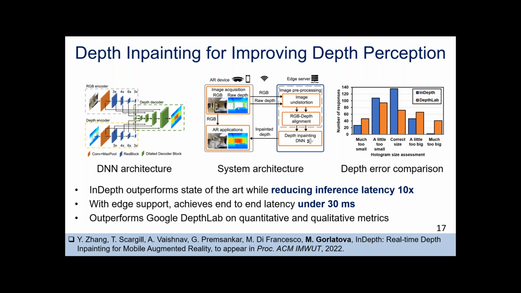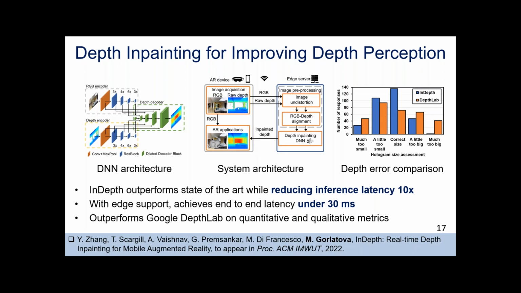We take RGB and depth captures of AR devices. We send them wirelessly to the edge server, where they are pre-processed, aligned, and passed through the DNN that we have designed. And then this in-painted depth map is sent back to the AR applications, where it is used to generate holograms that are of the right scale.